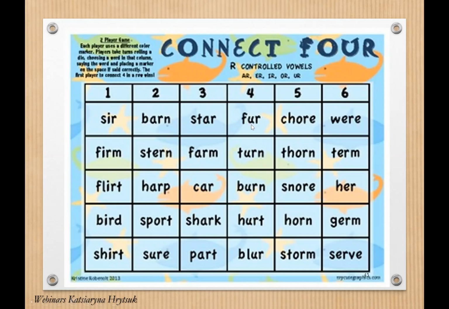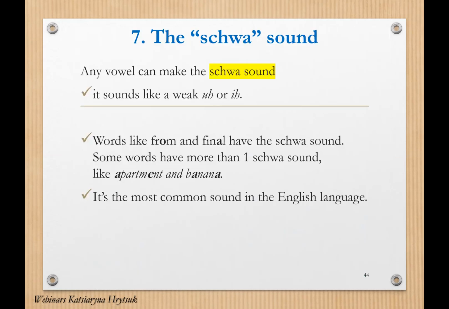So letter U with R. Then O-R-E: chore, thorn, snore, horn, storm. Were, term, her, germ, serve. So that is another practice exercise for you.